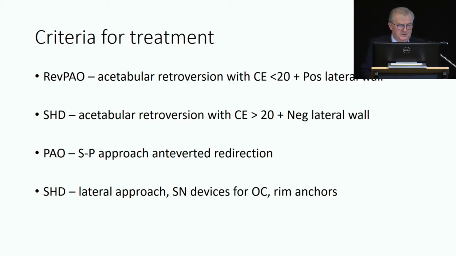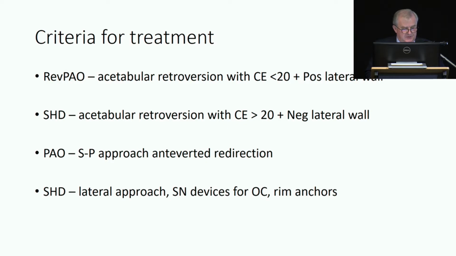Reverse PAO was performed for acceptable retroversion where the CE angle was below 20 with a positive lateral wall, and osteochondroplasty using surgical hip dislocation was performed in those hips where the CE angle was more than 20 degrees with a negative lateral wall.